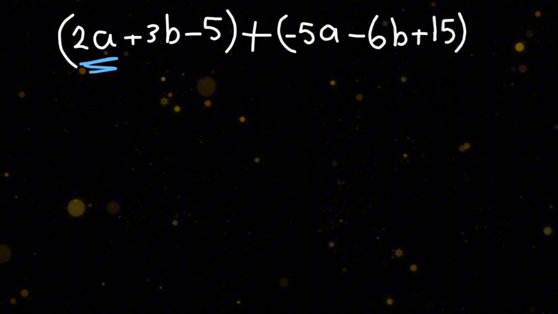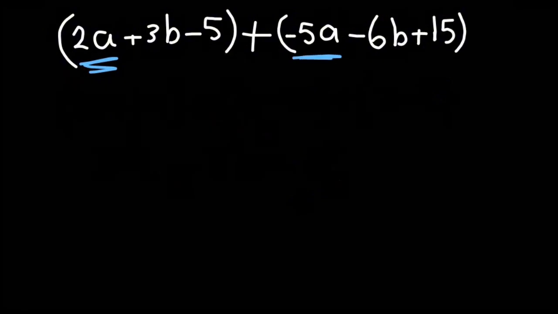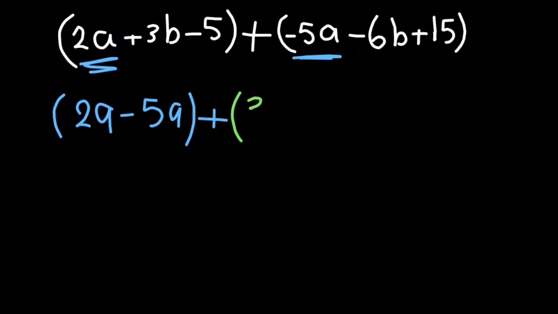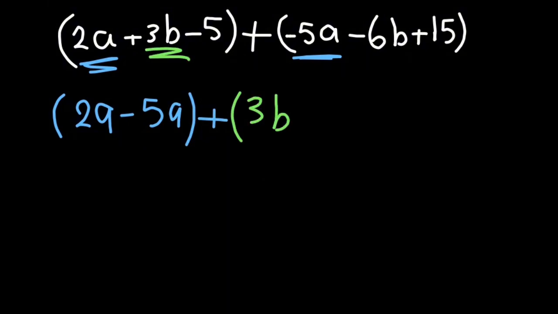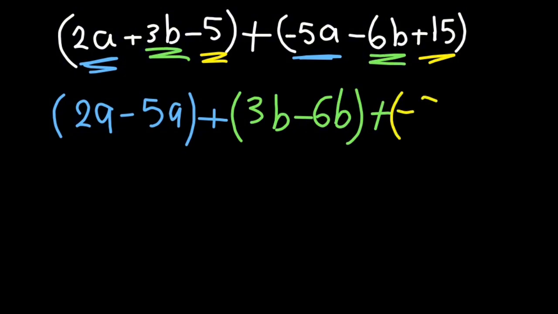So we have 2a with negative 5a, 2a minus 5a, close the bracket, open a new one. So we have 3b with negative 6b, plus the last two terms, negative 5 with positive 15, equals.